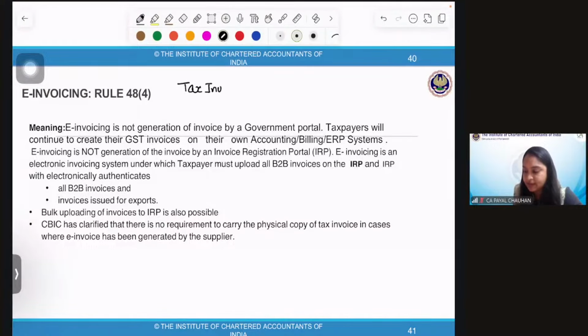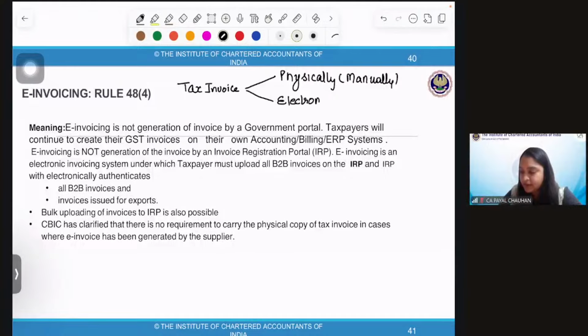Last time, when we were doing tax invoice, I told you a tax invoice can be issued physically, we can call it manually, as well as it could be issued electronically.